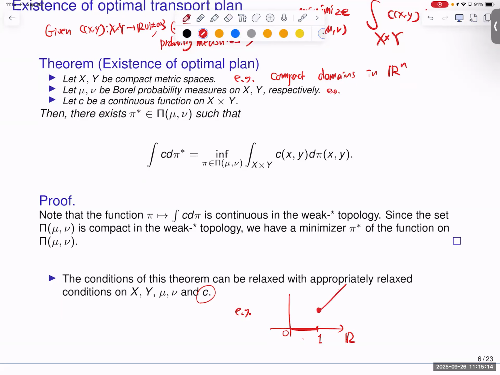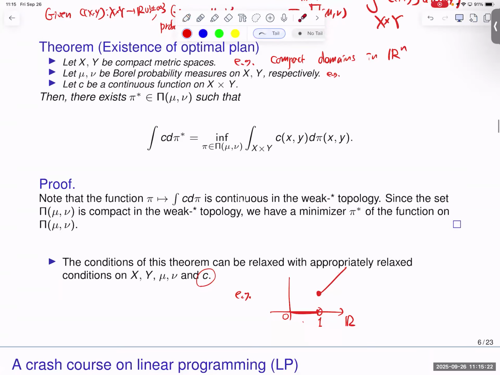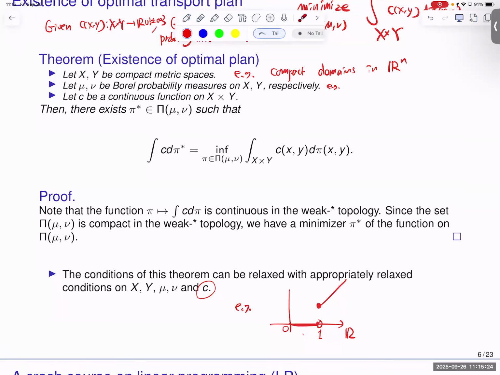You may consider that kind of cost functions. But the theory is well developed under the condition of continuity of the cost function.